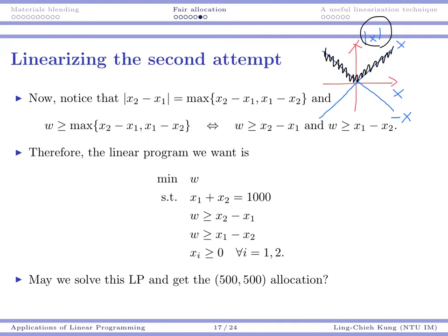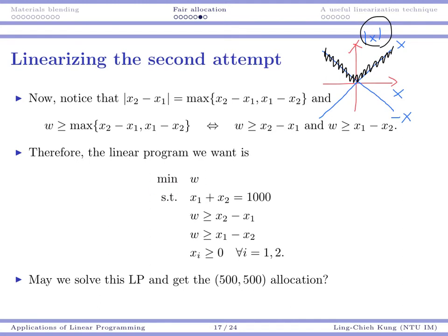So these two things are just equivalent. But now, the intersection of these two is linear, while this one is not. So we can linearize this nonlinear constraint into two linear constraints. Then we're done. The linear program we want is actually this one.